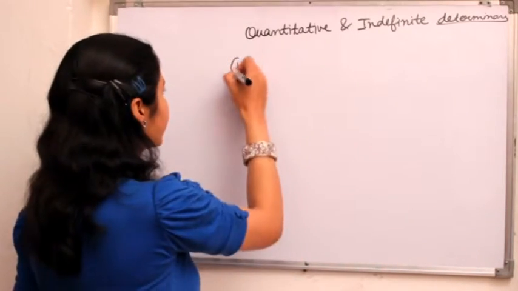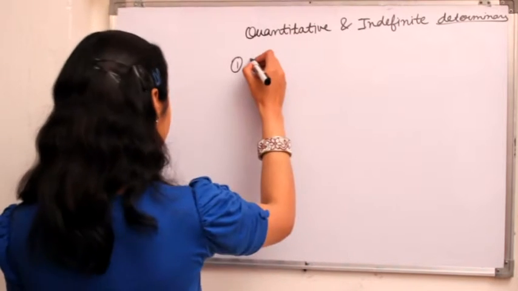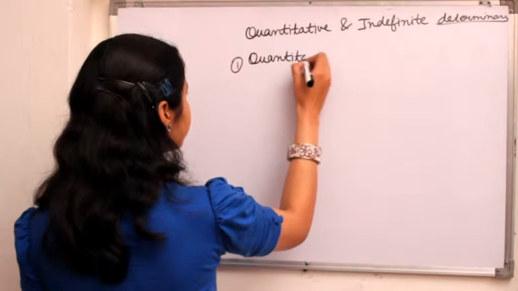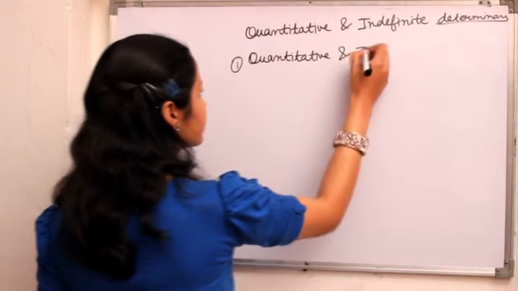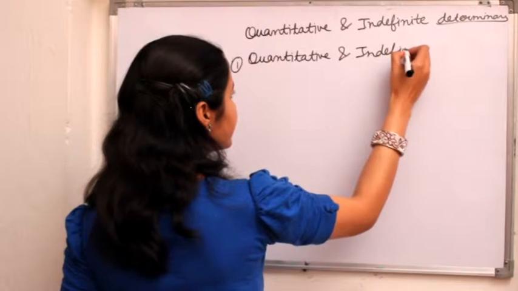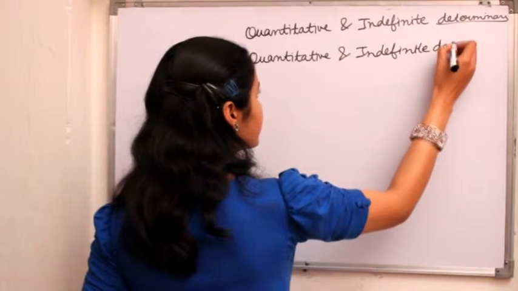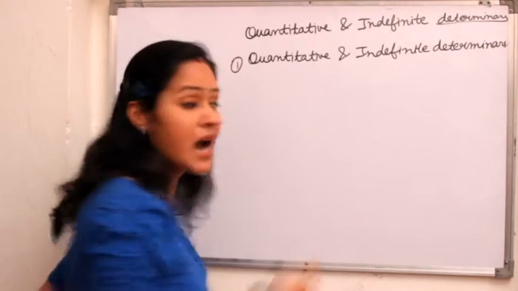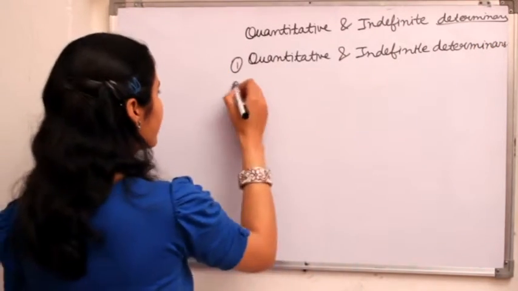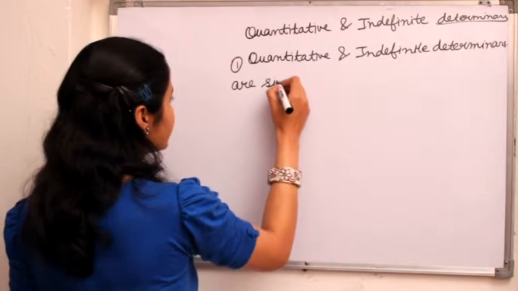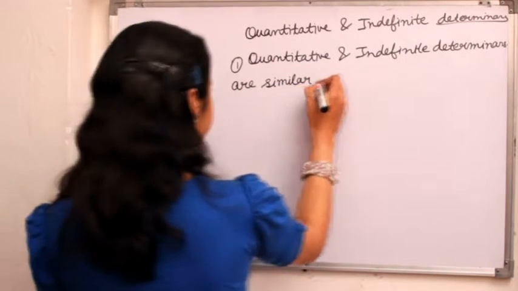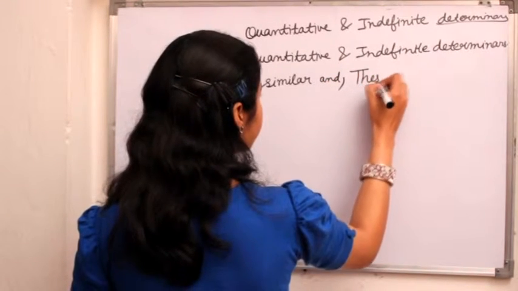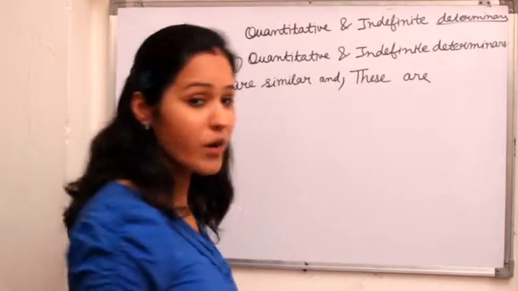So I explain to you that quantitative and indefinite determiners are similar, very common, are similar, and what these are.